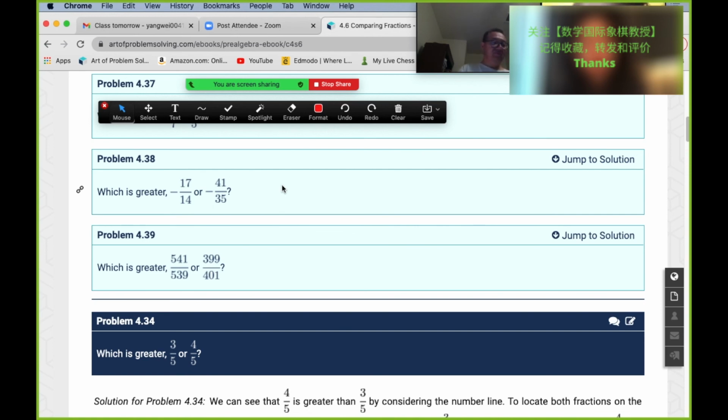I think it's this because this is less than this and it's also less than that. So then these two fractions, which one is bigger? Negative 17 over 40. Why? Because this is less than this, and in negatives that's greater, and this is less than this and in negatives that's greater.